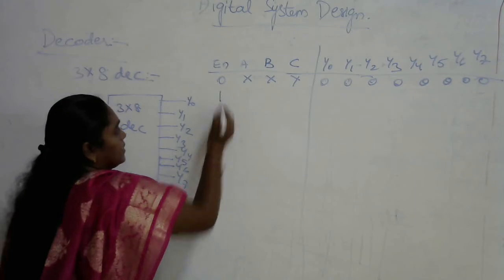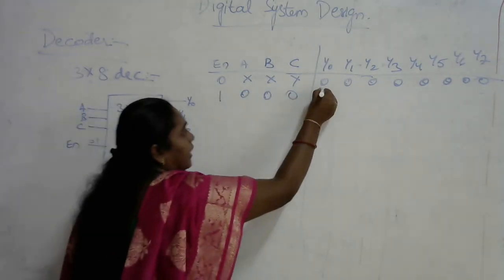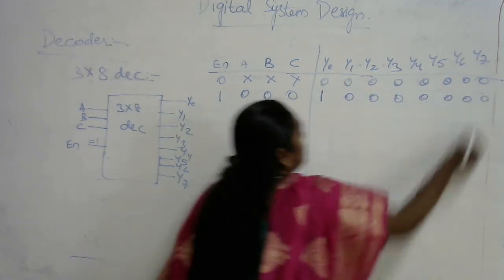When enable is 1, if A, B, C values are 0, 0, 0, Y0 will be 1 and all the remaining will be equivalent to zeros.